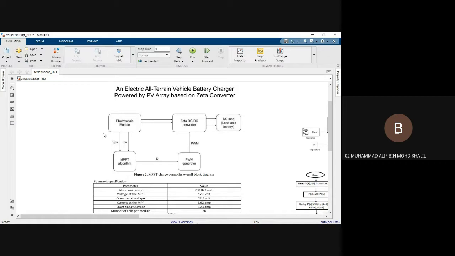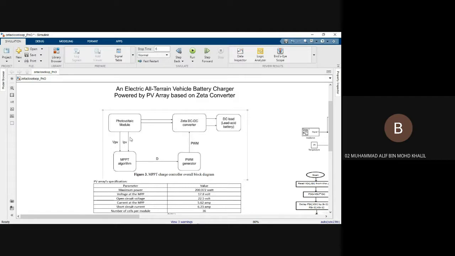This figure 3 shows the MPPT charge controller overall block diagram. What the project is gonna do is charge a DC load, which is the lead acid battery, by the PV module through a zeta DC-DC converter.